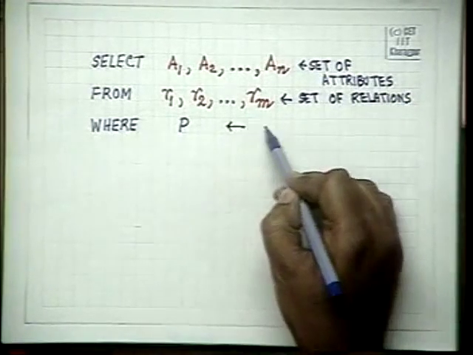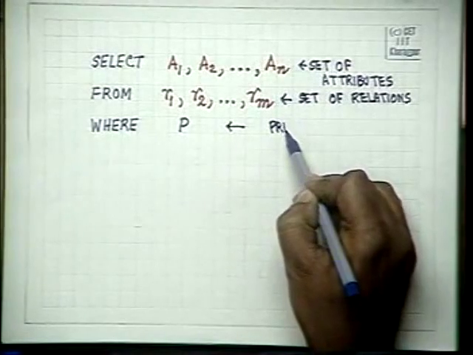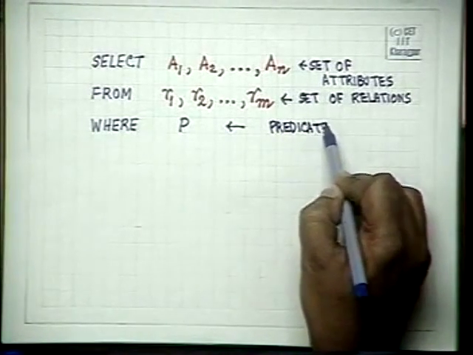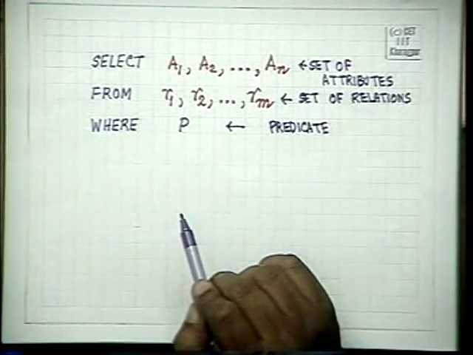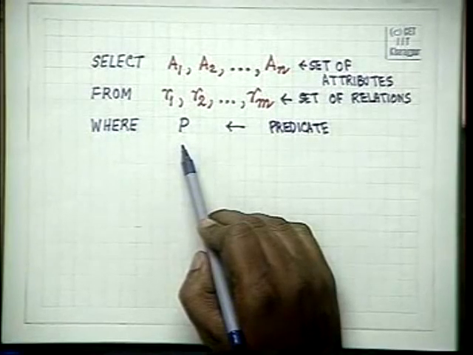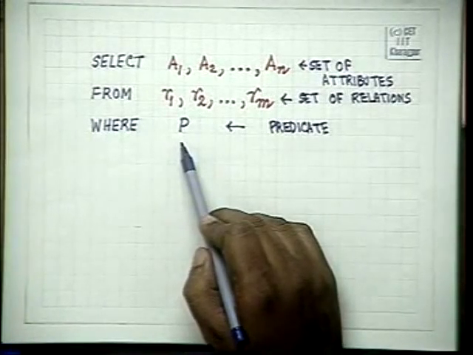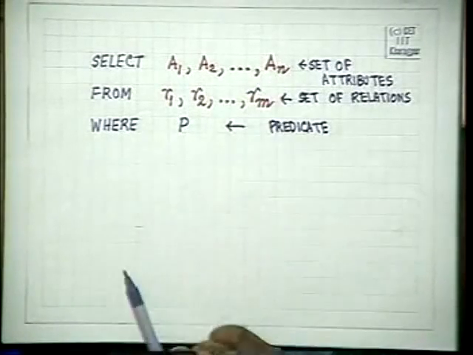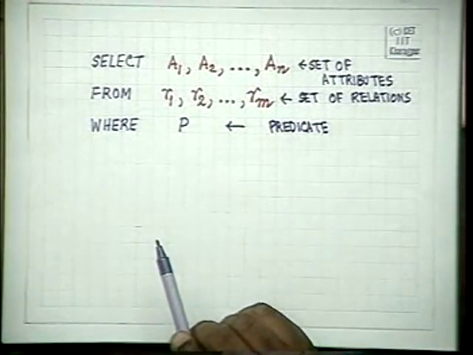And P is a predicate, which returns true or false. Just like you had predicates in relational algebra and relational calculus, you will have predicates here.